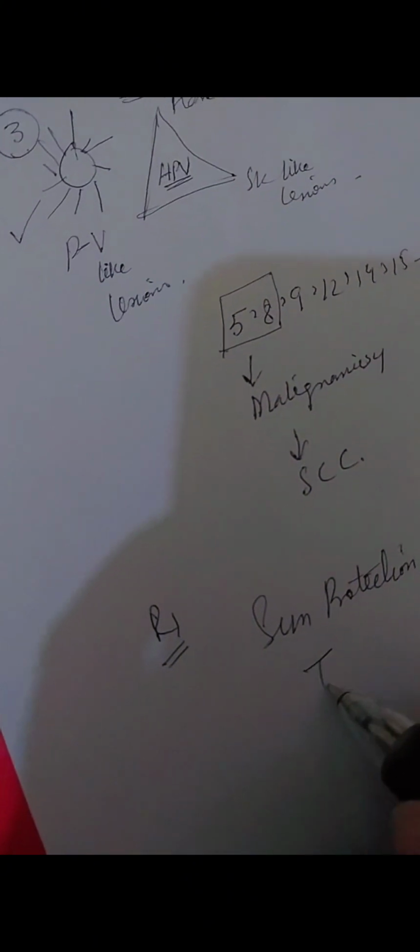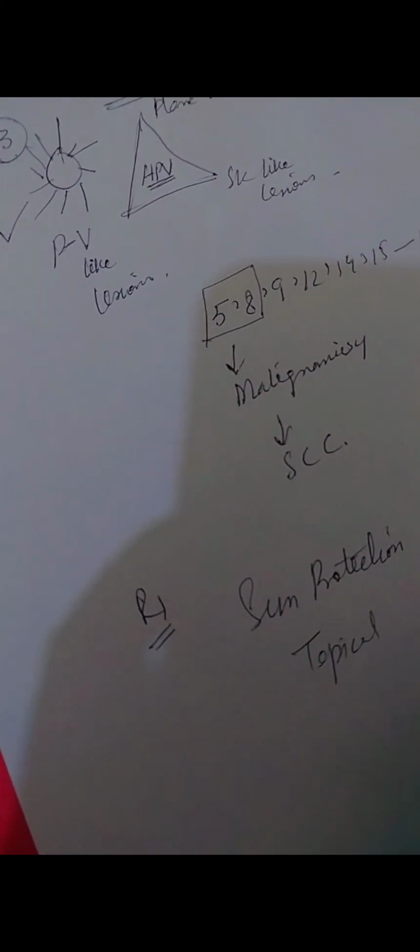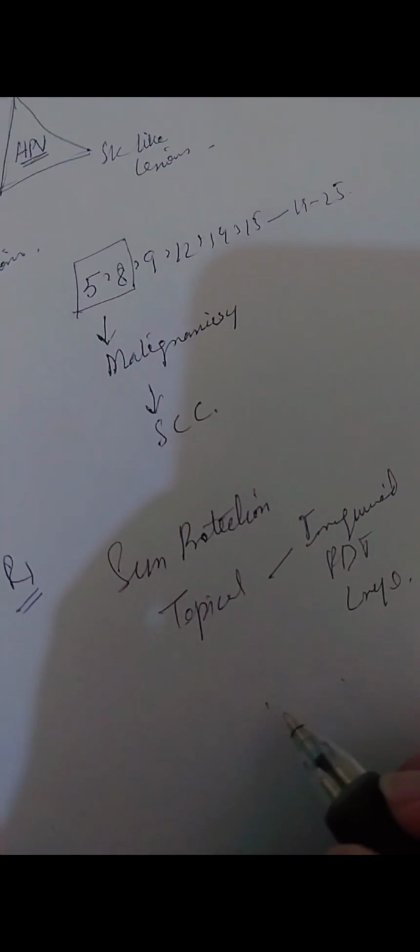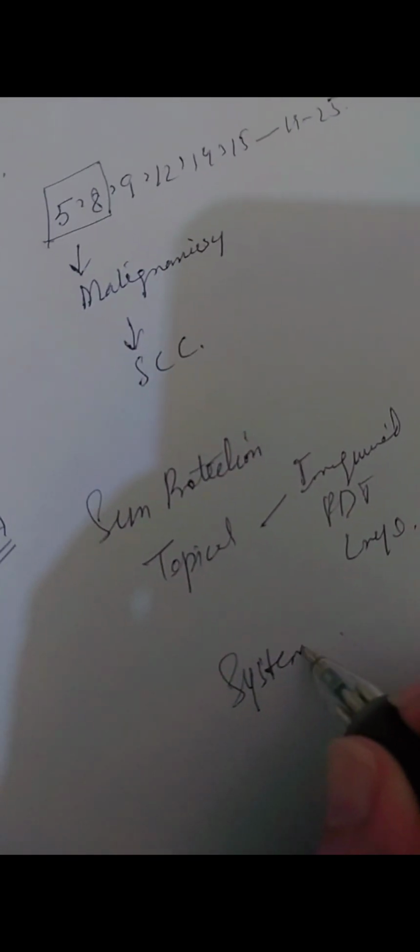Other treatments, starting from topical, include imiquimod, photodynamic therapy, cryotherapy. Then comes topical vitamin D or topical immunotherapy in the form of squaric acid dibutyl ester, oral cimetidine, oral zinc. The most important treatment, which is systemic, is acitretin. That also prevents progression into squamous cell carcinoma.